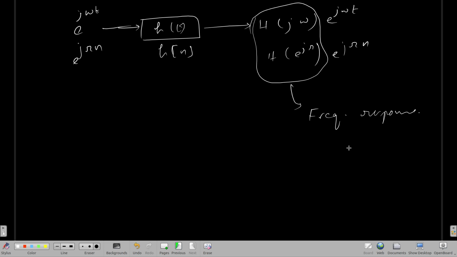Okay. Now this frequency response is a complex number or a complex function, right? So we can find its magnitude and its phase.